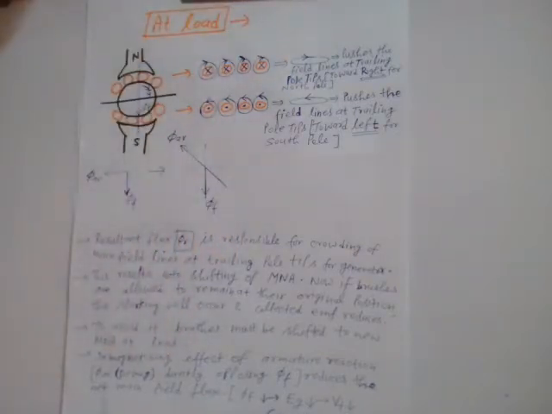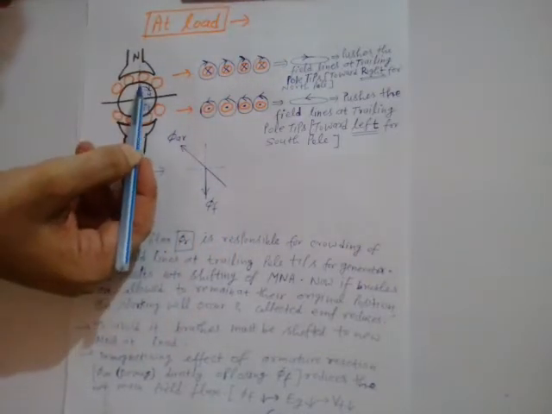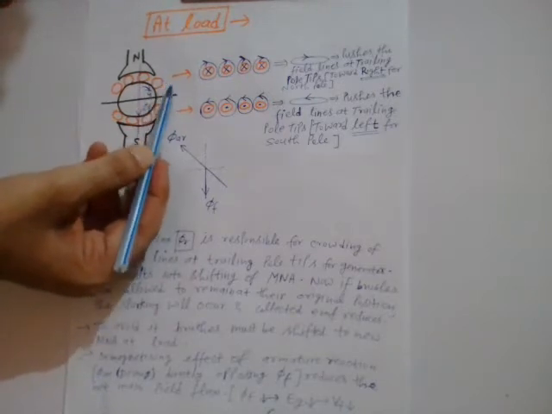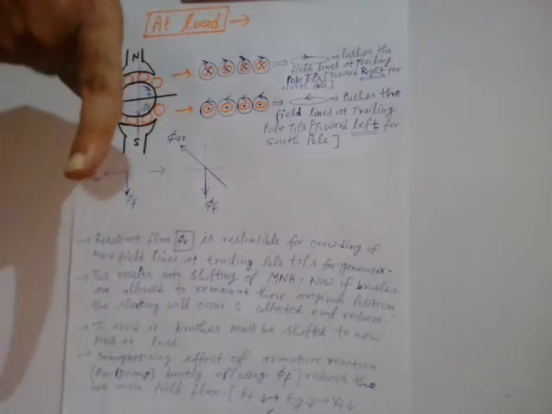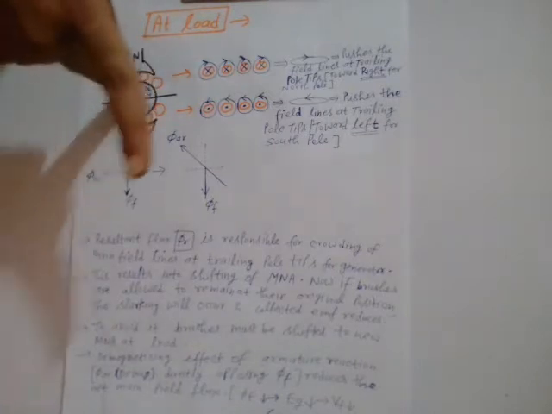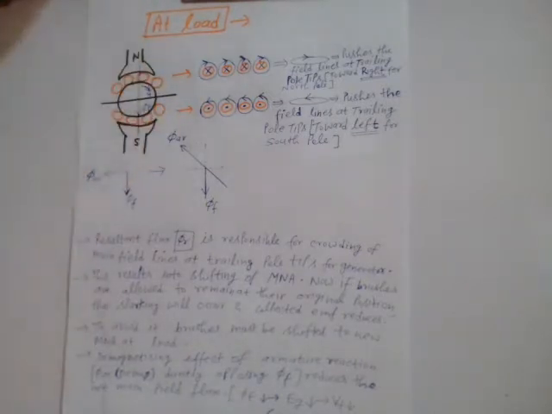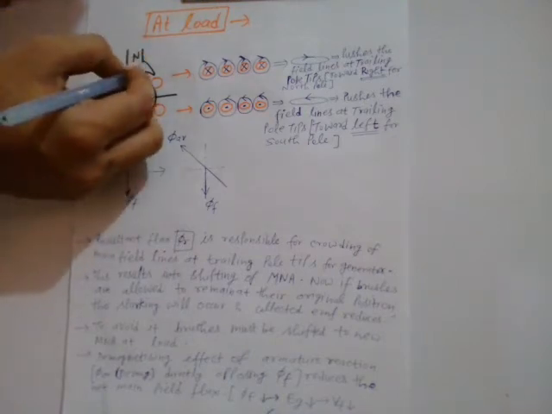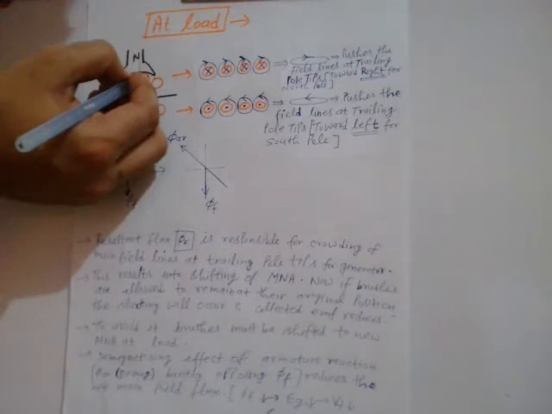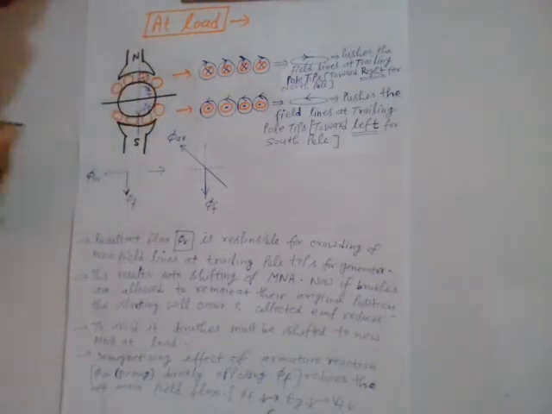I have already explained that the motion of this conductor is tangentially clockwise. So the thumb will be like this, and the first finger like this. Then my second finger is coming like this. That means it is away from the reader, and away from the reader is cross. So the polarity of induced EMF for this rotor conductor is cross.